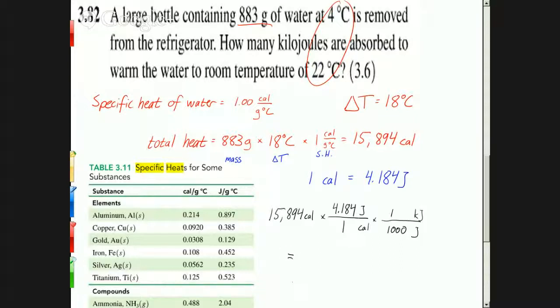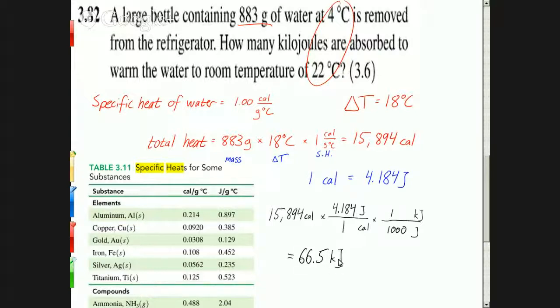And what do we get? Anybody have a calculator handy? Anybody check that?